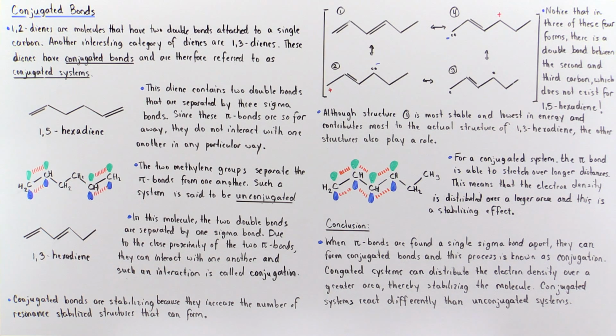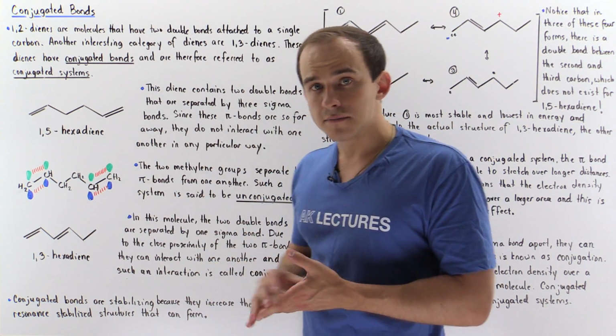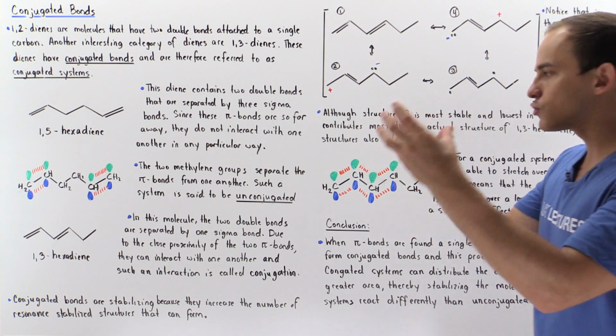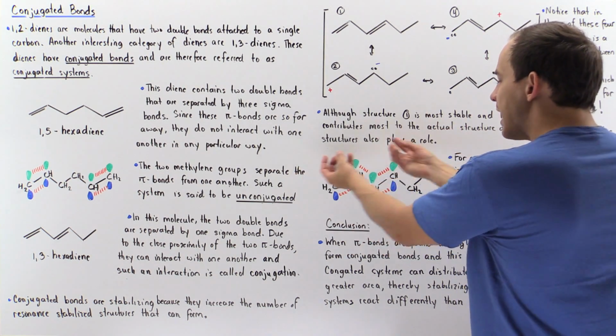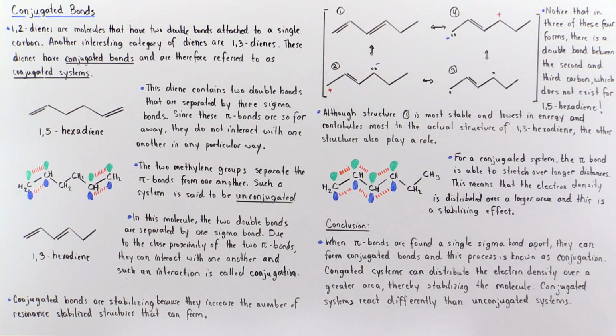So, for a conjugated system like the one shown here, the pi bond is able to stretch over a longer distance. This means that the electron density is distributed over a larger area, and this, of course, is a stabilizing effect, and this comes from the field of quantum mechanics. Whenever the electron density is distributed over a larger area, that is a stabilizing effect.